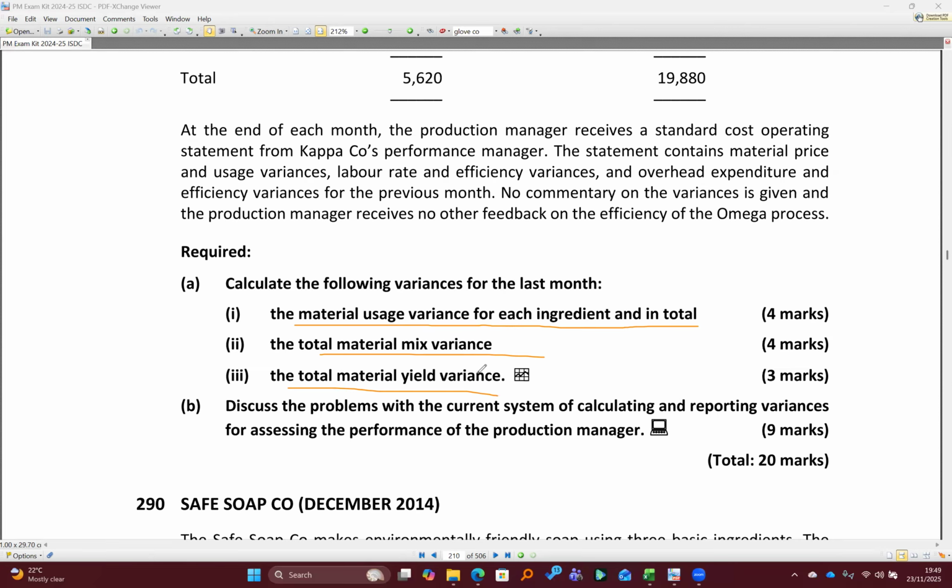And then discuss problems that the current system of calculating and reporting variances has for assessing the performance of the production manager. So basically, what they are telling us is to calculate material usage variance, material mix variance, and material yield variance, and then, of course, the problems with the current system. So we are going to see what they are talking about here.